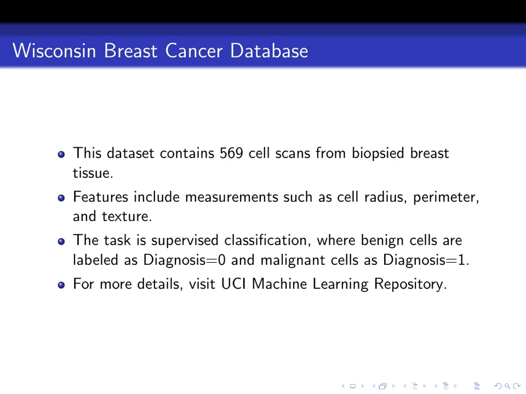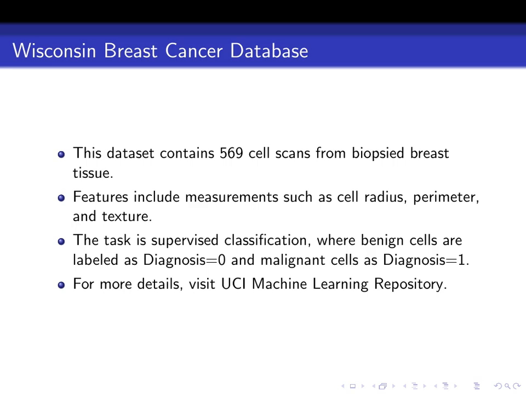The Wisconsin Breast Cancer Database contains 569 scans of biopsied breast tissue, with features like cell radius, perimeter, and texture. The dataset labels benign cells as diagnosis equals 0 and malignant cells as diagnosis equals 1.